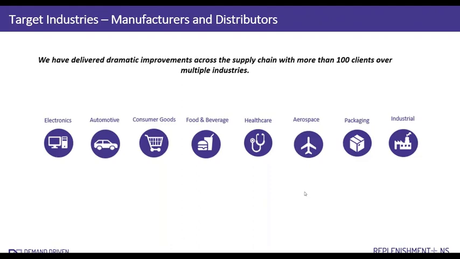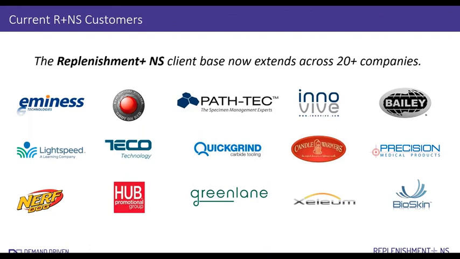And I want to call out some of our current Replenishment Plus NS customers. This is a really great accomplishment for us over the past year. We now have over 20 companies using Replenishment Plus NS, our native to NetSuite solution. Over 20 companies, which is more than triple what it was this time last year. So tremendous growth here.